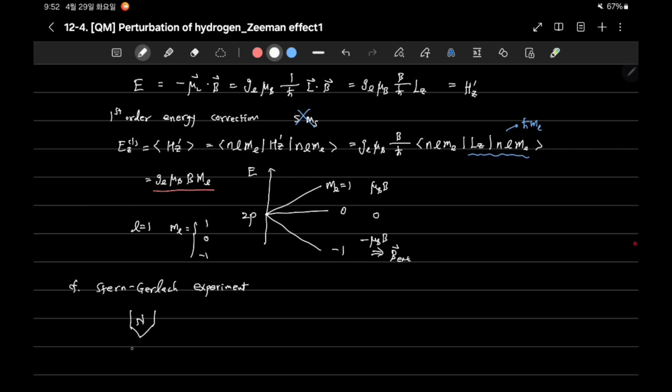It is a magnet like this, with N and S poles, producing an inhomogeneous magnetic field that splits the energy.